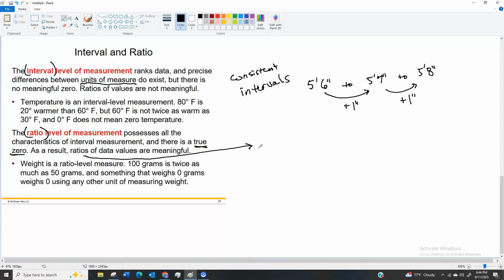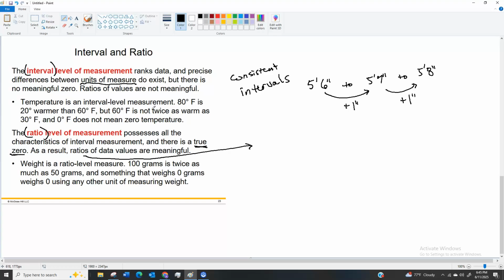And what they mean by that is, can you say that when you double it, that's truly double? Or if you half it, is that truly half? So let me give you an example. It says it up here, but I just didn't talk about it.